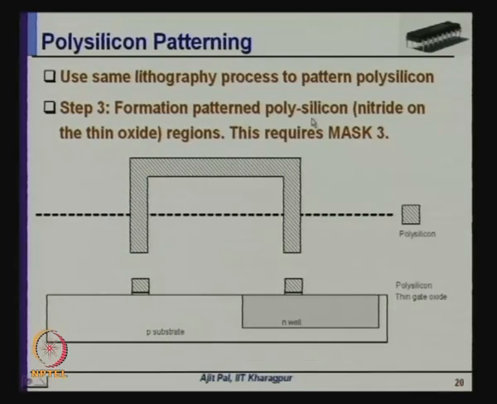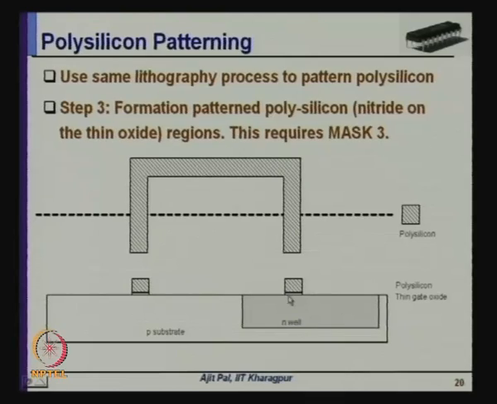So, formation of patterned polysilicon regions, and you can see only polysilicon is present in these layers, and from other parts of the substrate polysilicon has been removed. That means only where transistors are to be formed, there the polysilicon is deposited. It is removed from the remaining portion.